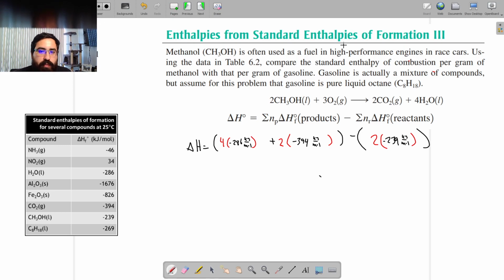So enthalpy of combustion, stuff we've been doing, but then they went on and added per gram. Ugh, more work. How unfortunate for us. It says gasoline is actually a mixture of compounds, but for this problem, let's assume gasoline is pure liquid octane.